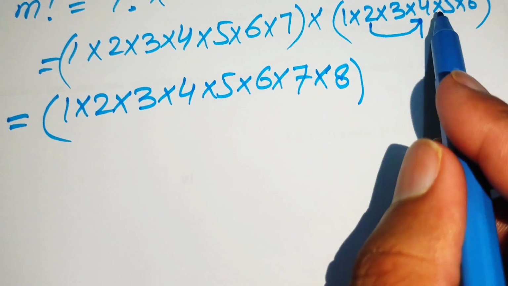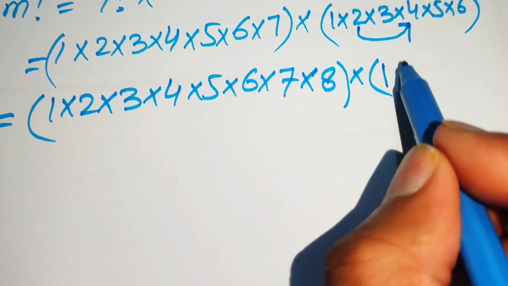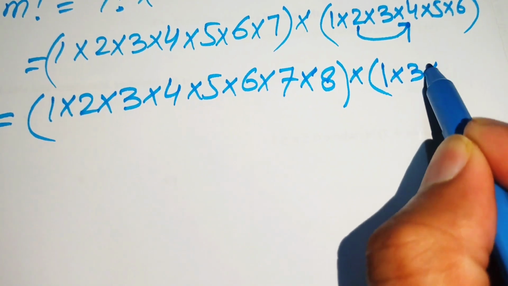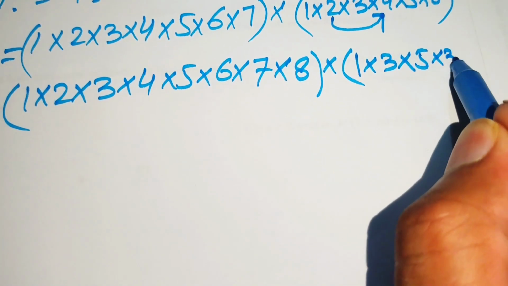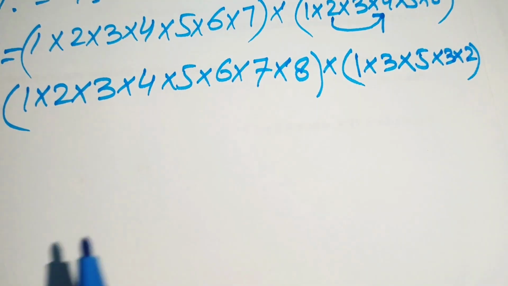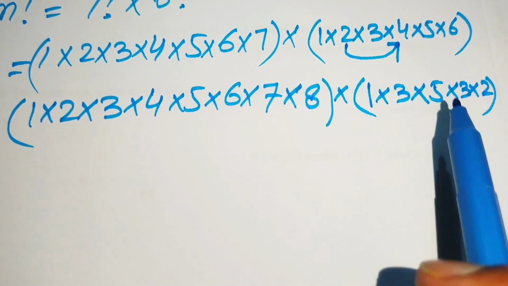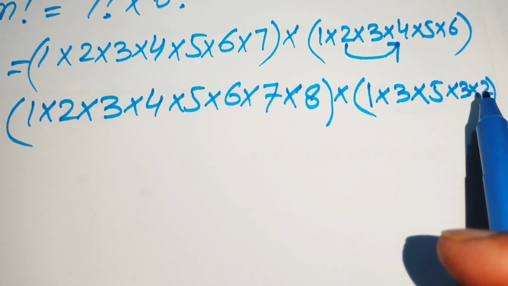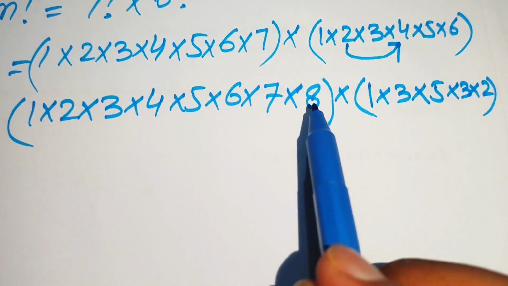Here we eliminate these two terms, and the remaining terms are 1 times 3 times 5, and here we have 6, and we write it as 3 times 2, because 3 twos are 6. So we break this 6 and write it as 3 times 2, and here we multiply 2 times 4, it becomes 8, and we write it here.